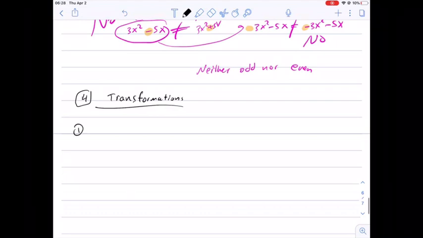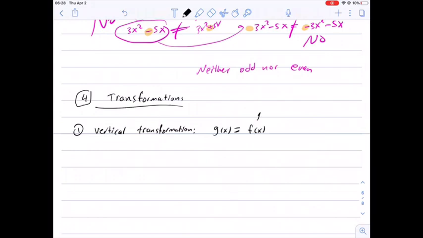So let's talk about first vertical transformation. In this case, the function g consists of the original function, the basic function f, plus or minus some constant c. And we have two cases.